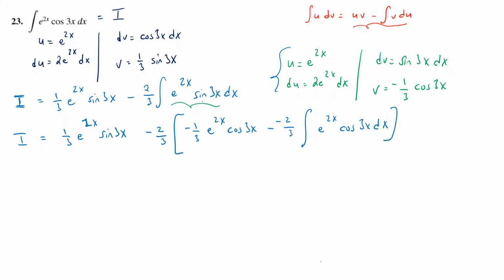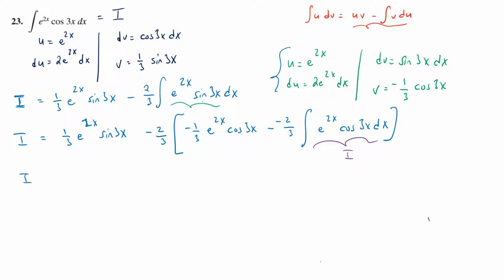And after our second round of parts, notice that this integral right here is the same thing as the original integral. And so what we can do is call that I. All right, so I am now going to rewrite this equation, replacing that integral with I and cleaning things up.